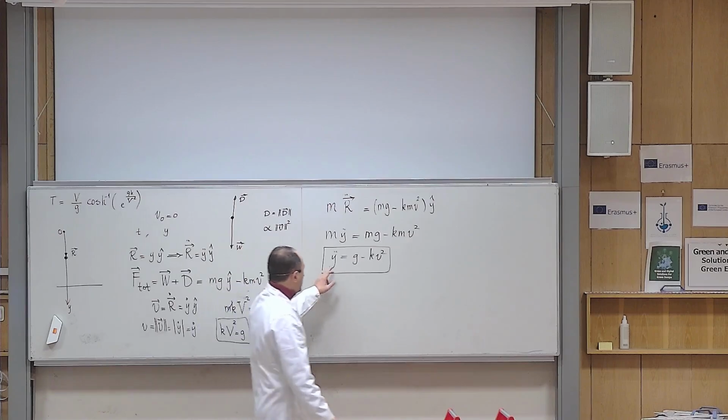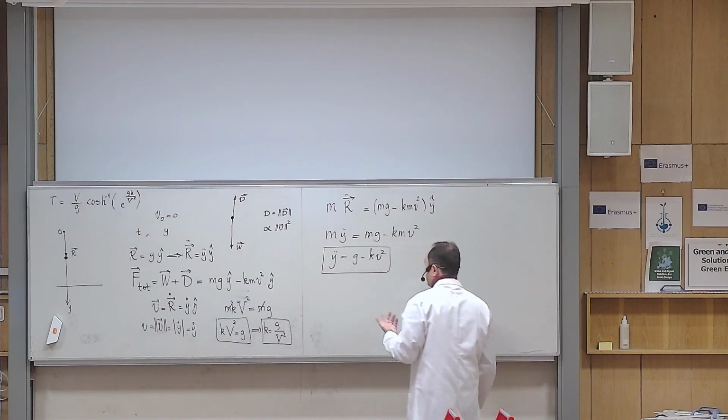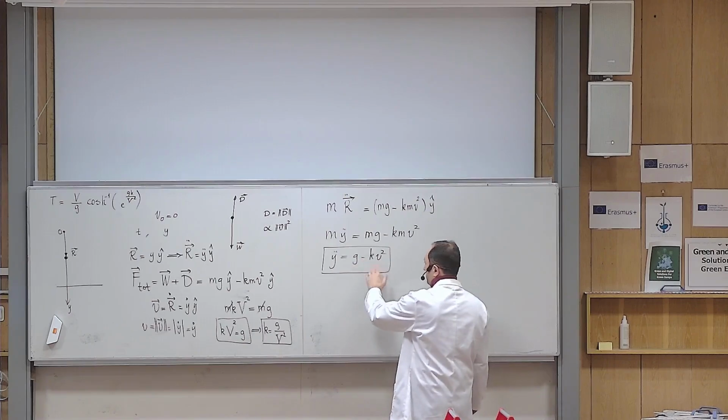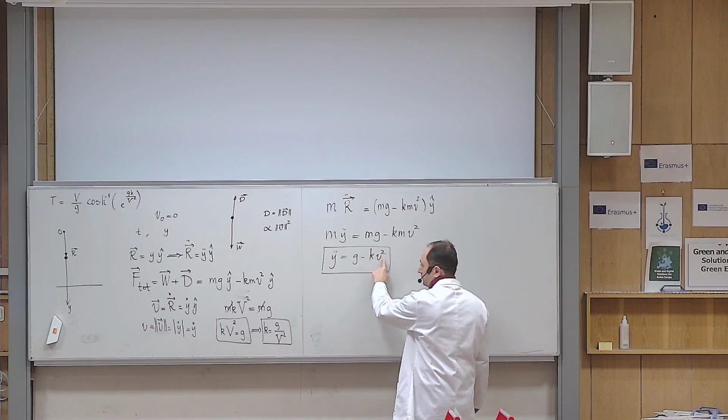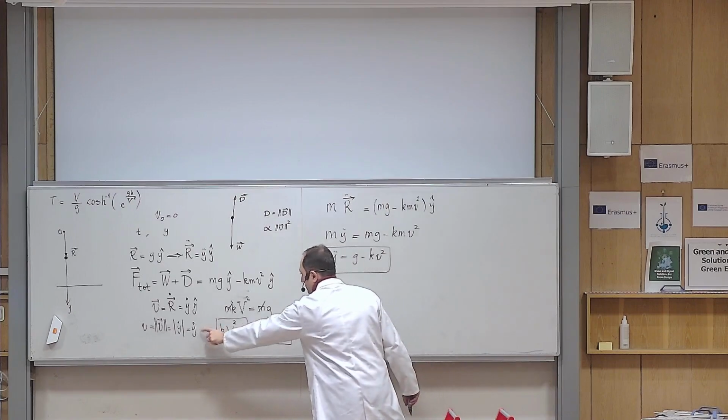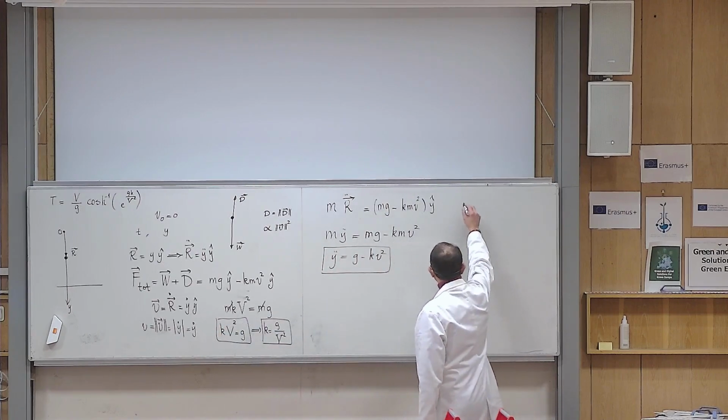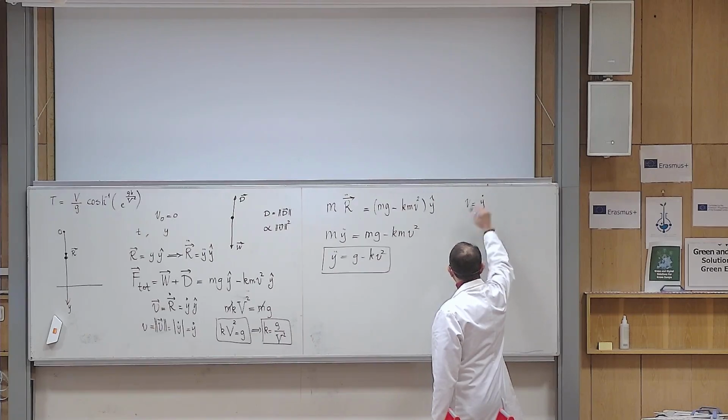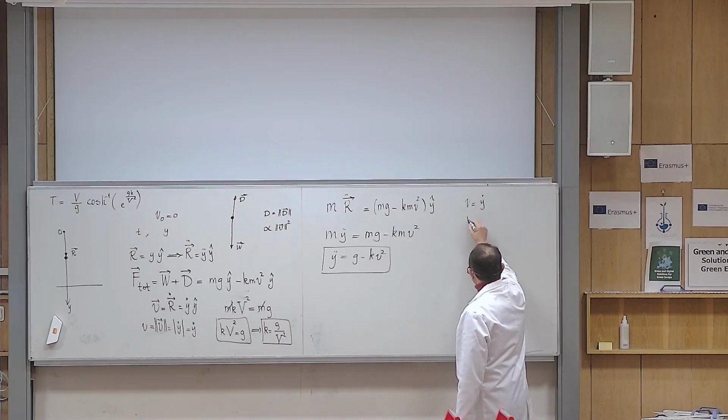Another thing is that I want to use a trick by substitution, because you remember that v itself is y dot. If v is y dot, then y double dot becomes just v dot.